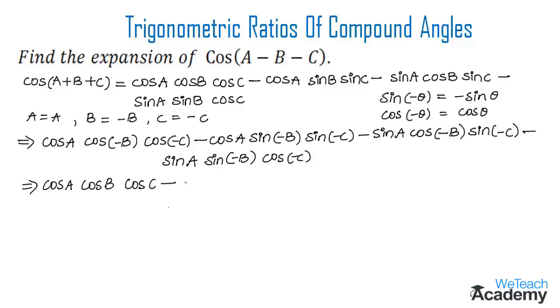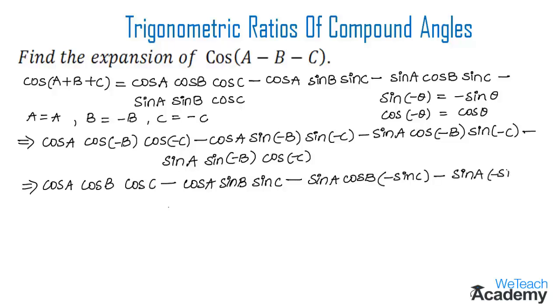So we get minus cos A sin B sin C, and then minus sin A, and cos of minus B is equal to cos B itself, and sin of minus C is minus sin C. Then minus, we have sin A into sin of minus B, which is minus sin B, into cos of minus C, which is cos C itself.